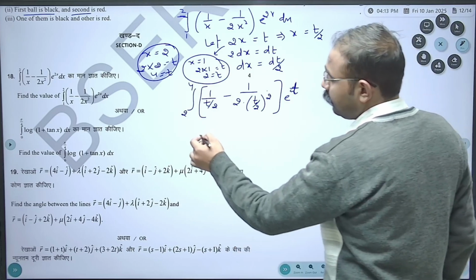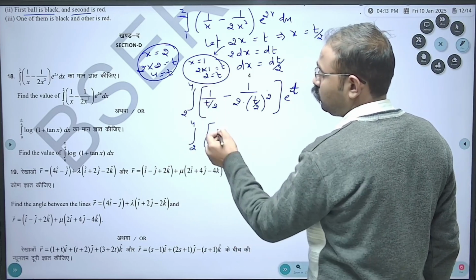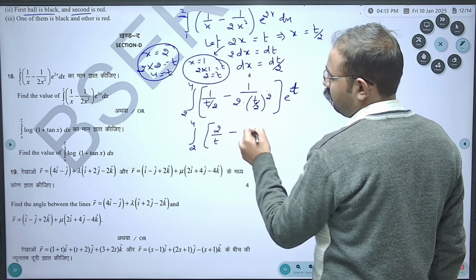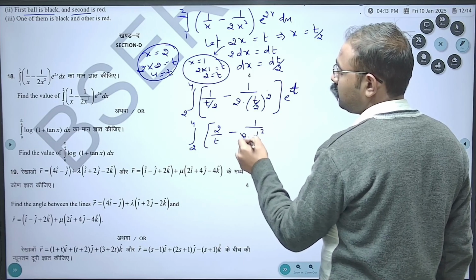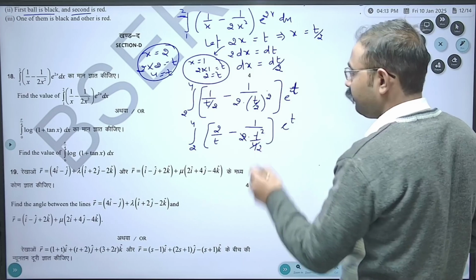Now by simplifying it, 2 to 4, this 2 will go upside in the numerator, minus 1 upon 2 into t square upon 4. 2 1s are 2, 2 2s are 4, e raised to the power t.